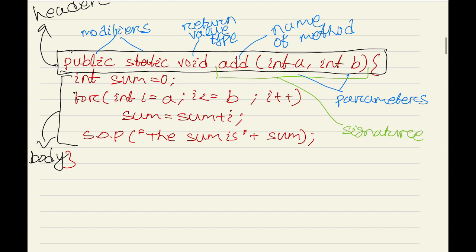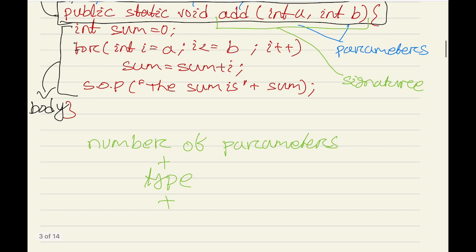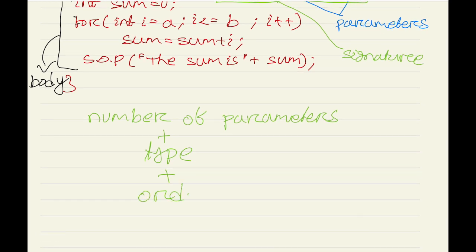The number of parameters, plus their type, plus the order.